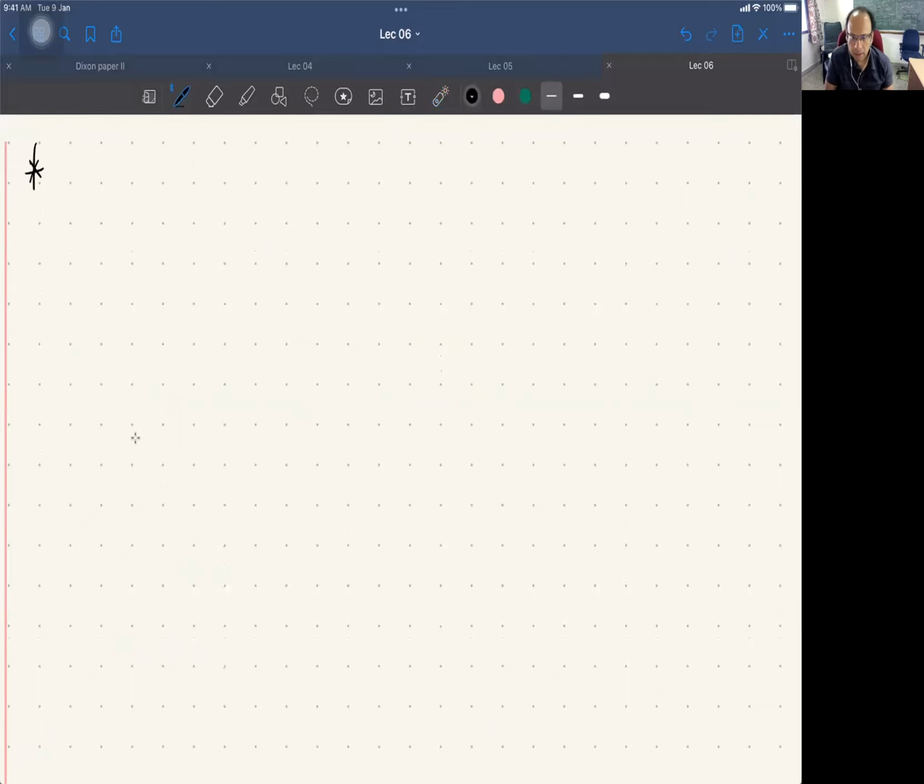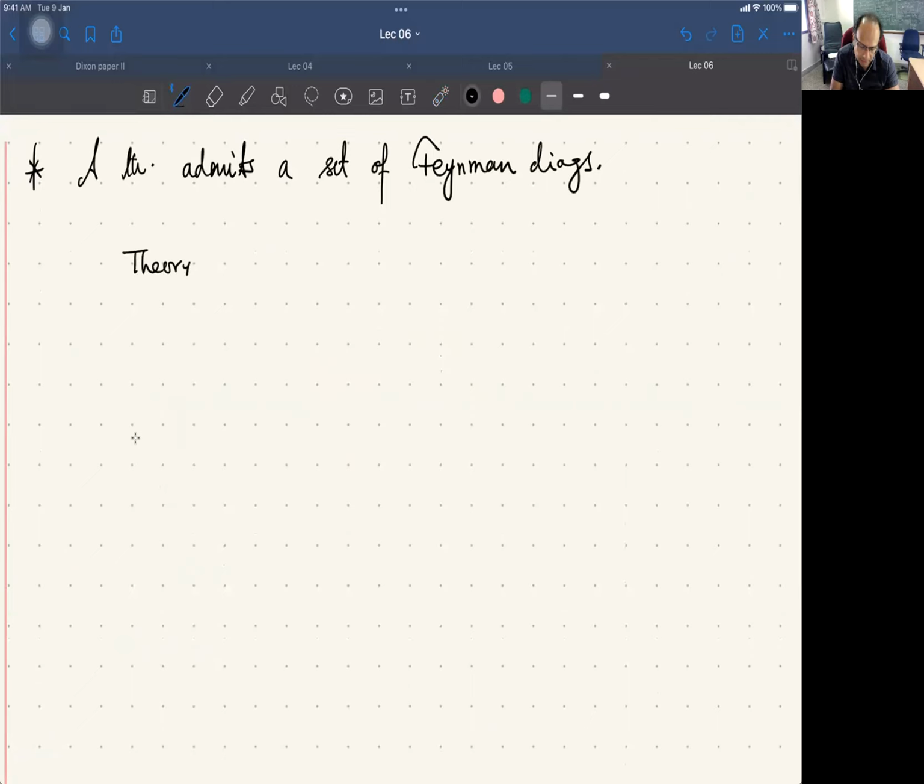A theory admits a set of Feynman diagrams, which means that what we mean by a theory is equivalent to a set of allowed Feynman diagrams.